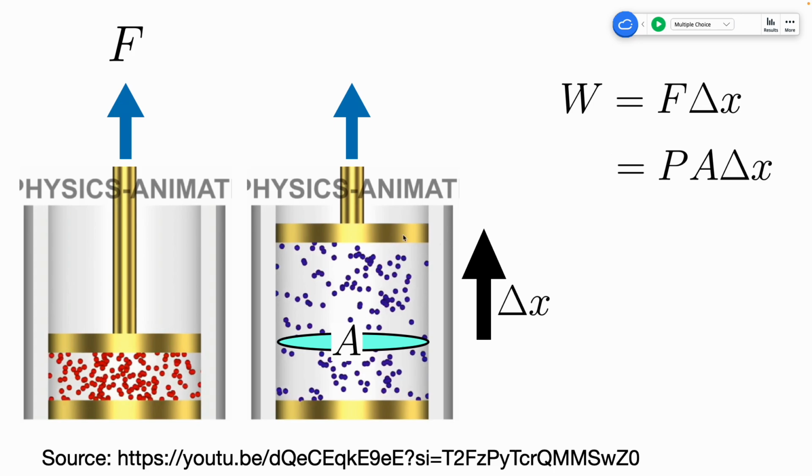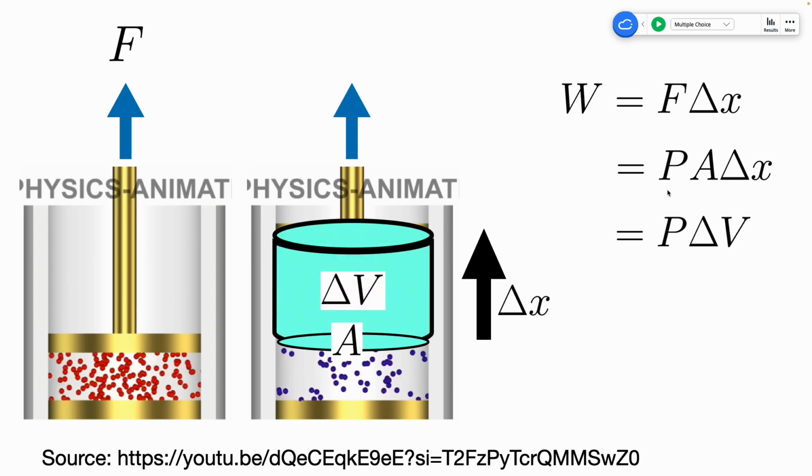So if you multiply the pressure of the air times the area of the piston, then you get the force. Then you can combine the area and this delta X. Then you get the volume of the cylinder, which is the change of volume of the gas from this state to this state. So at the end, we have a way to compute work done by the gas using pressure and volume. The work done by the gas will just be its pressure times the change of volume.